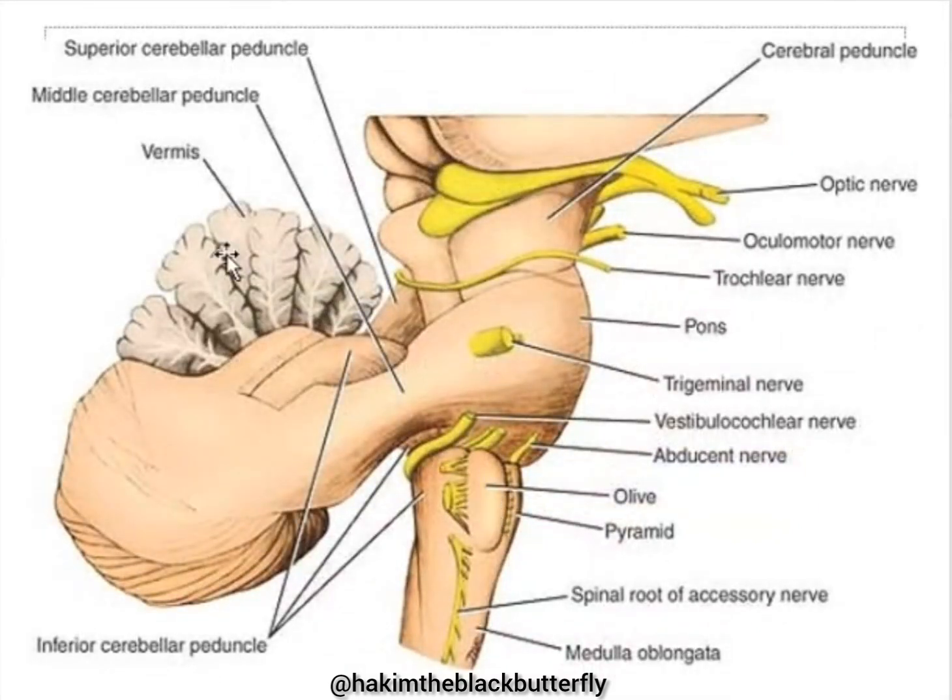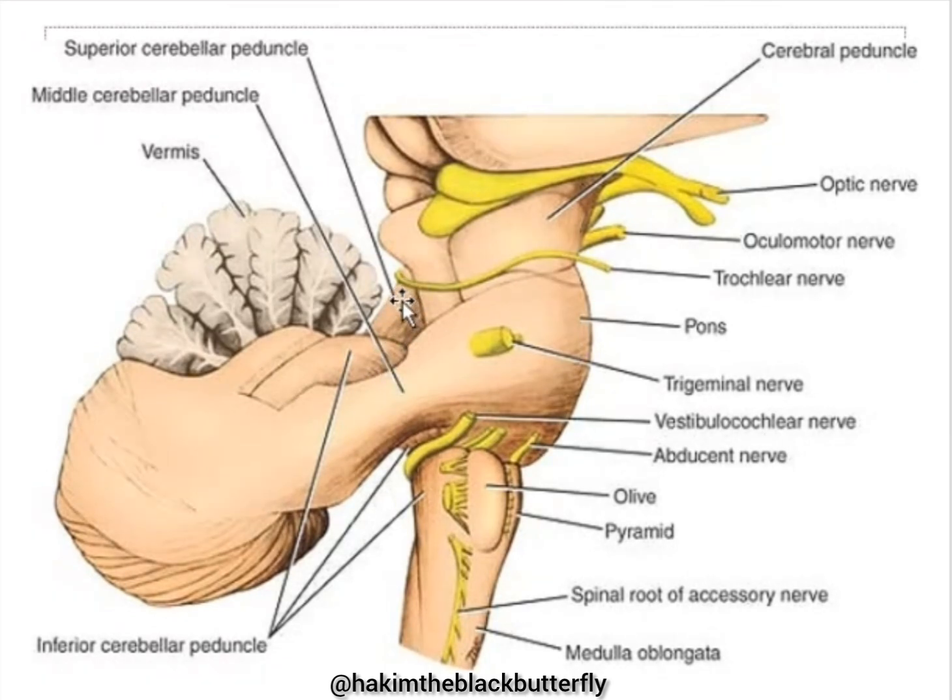So you can see our cerebellum, and anterior to it we see our brain stem, which is made up of the midbrain, the pons, and the medulla. This is the brain stem, and posterior to the brain stem is the cerebellum. So these bundles, we have what we call the middle cerebellar peduncle, the inferior cerebellar peduncle, and the superior cerebellar peduncle.